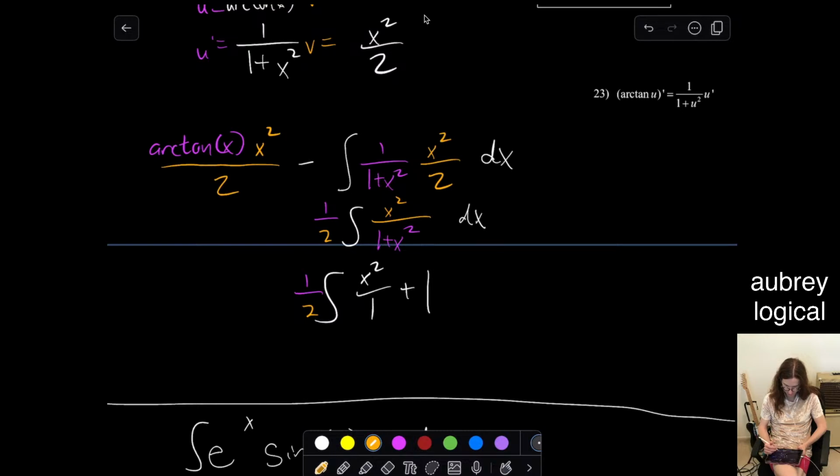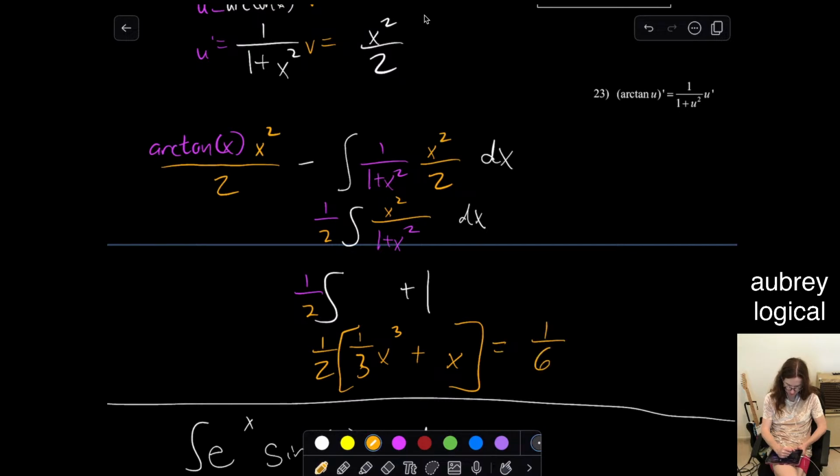So 1/2 times the antiderivative of x squared is going to be 1/3 x cubed. The antiderivative of 1 is going to be x. So that should give us 1/6 x to the third plus 1/2 x.